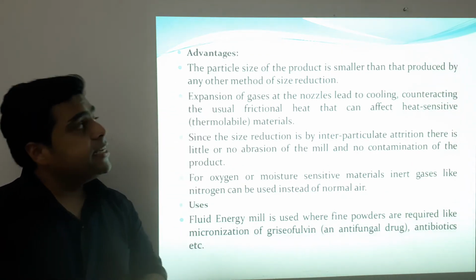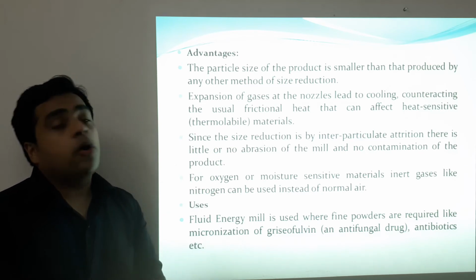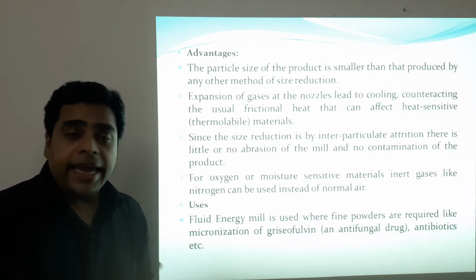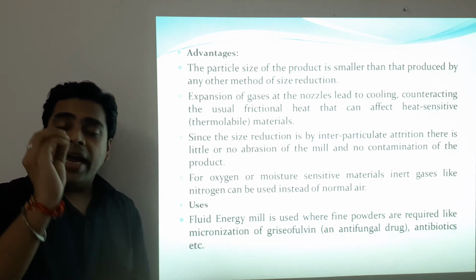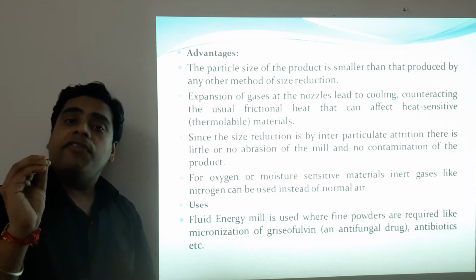These are the advantages. The particle size of the product is smaller than that produced by any other method of size reduction, so we obtain ultra fine grinding.